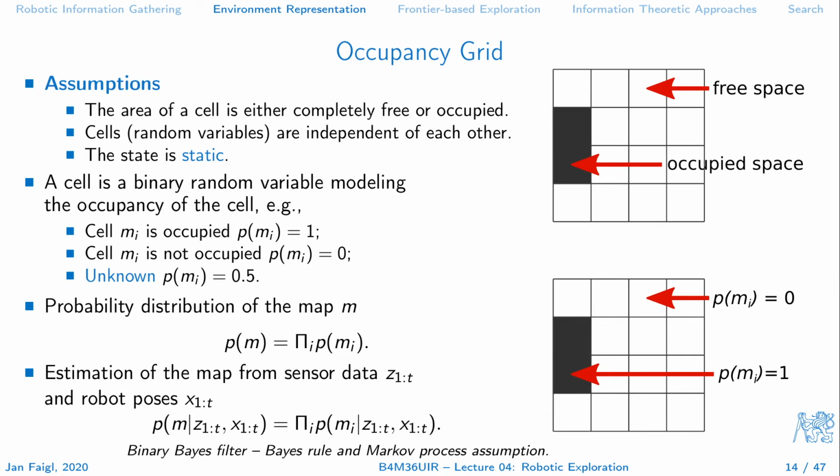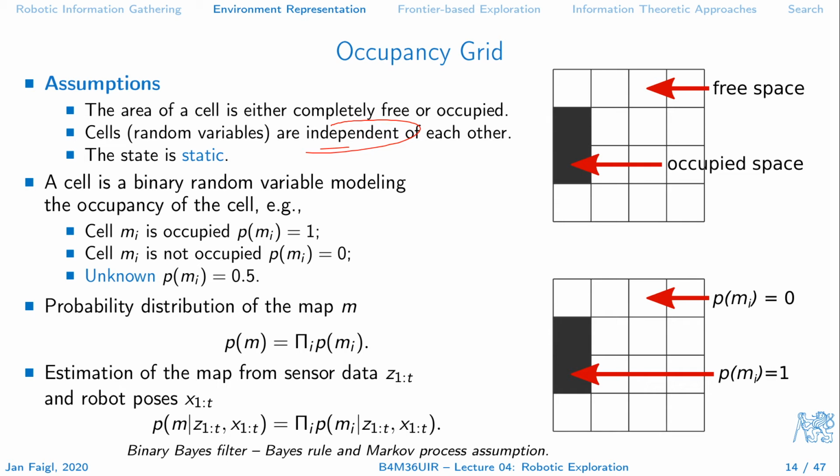But if you have some object in the environment, like a table or a box, there is an occupied cell, and the neighboring cell is likely to be occupied too if this cell is part of the table. So in reality, it is probably not always satisfied that these random variables are independent of each other, but we don't have any priors on that, so we can consider them independent.